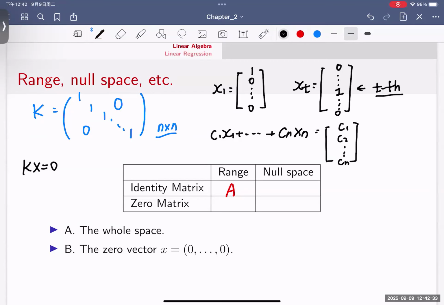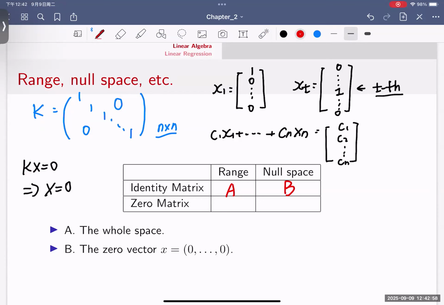So this just stands for x equals 0. Because it's the identity, multiplying will not change the value of x. So the null space is just the 0 vector. So this x must equal 0.